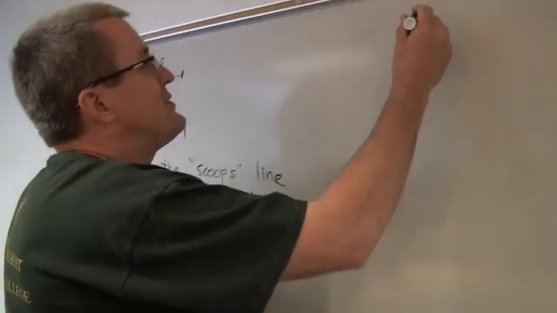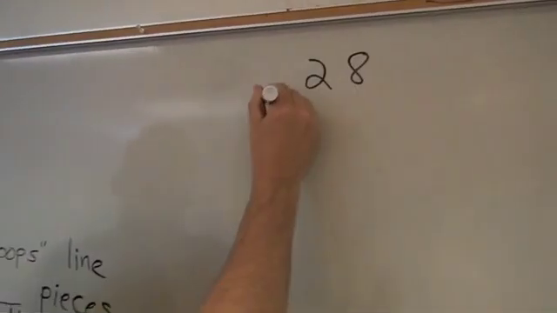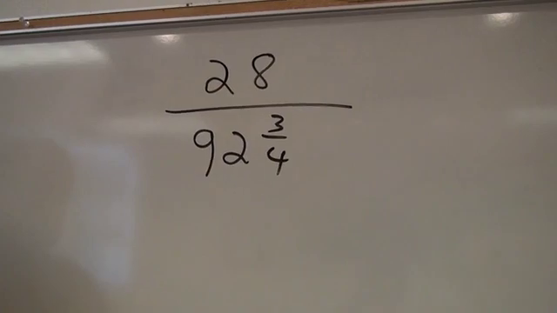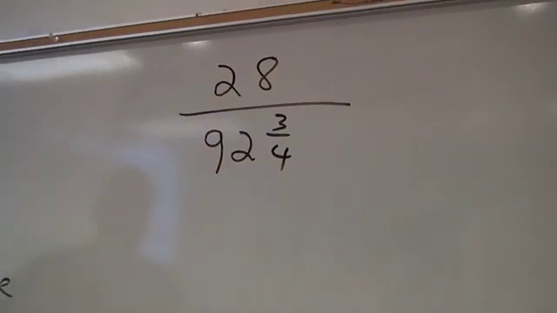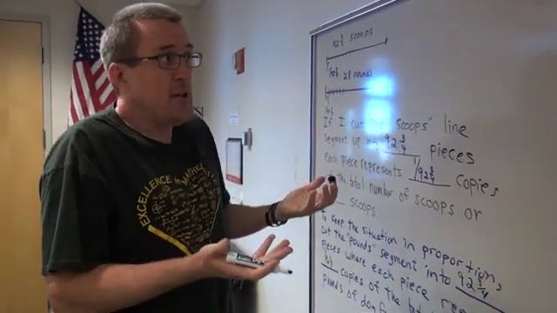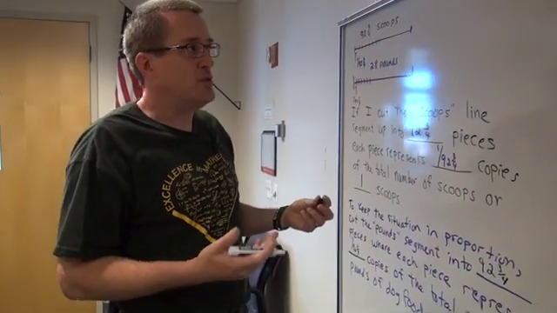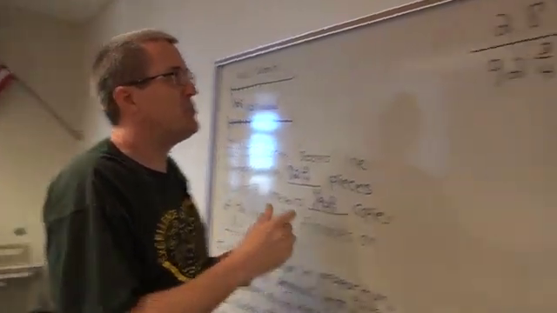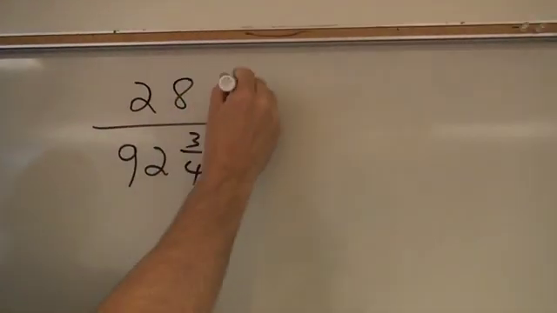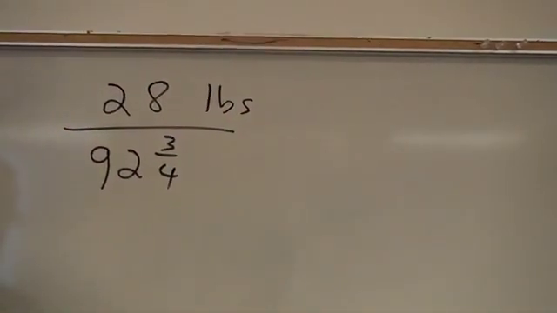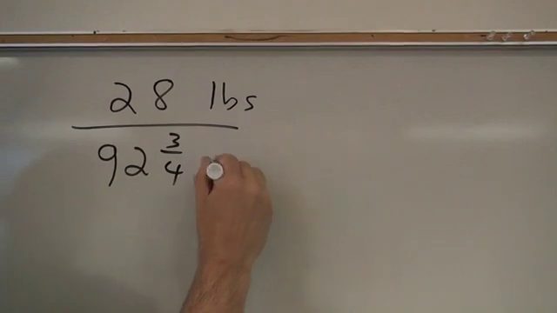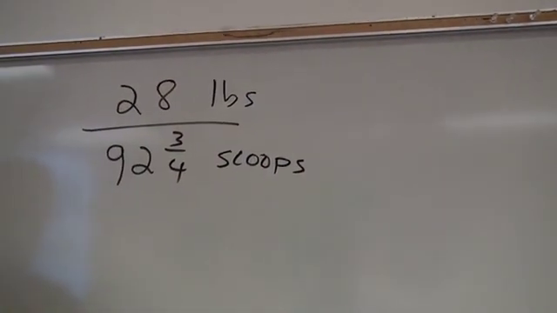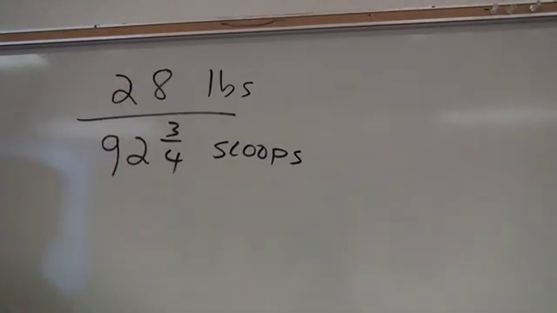So we have 28 divided up into 92 3/4 individual sections. And that's perfectly legitimate. That's an answer to the question, how much dog food is in each scoop? There's 28 pounds of dog food in total, there's 92 3/4 scoops in total, so there's 28 divided by 92 3/4 pounds per scoop.